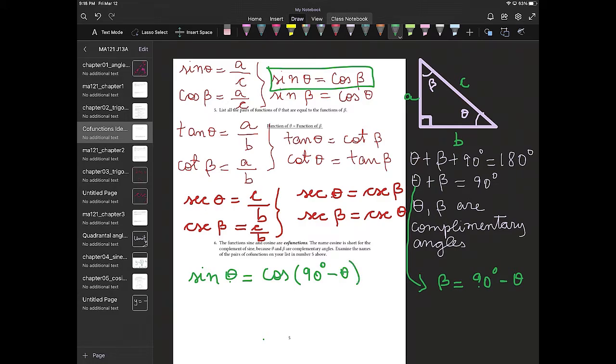In a similar fashion, we can rewrite the tangent of theta equals cotangent of beta. So tangent of an angle theta is equal to cotangent of 90 degrees minus theta.